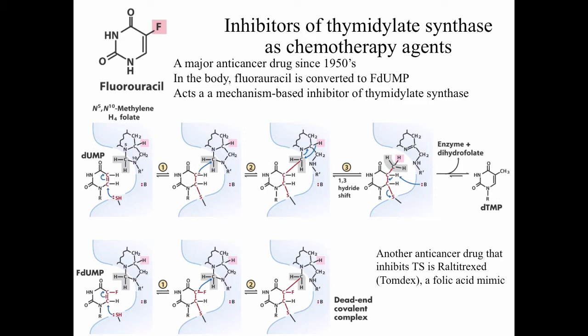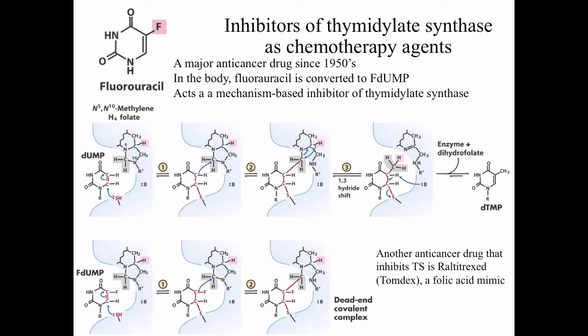The enzyme has a cysteine in its active site. It binds dUMP, and then the sulfhydryl group of the cysteine attacks the carbon on dUMP, and then places the electrons onto an adjacent carbon, resulting in this carbanion nucleophile.